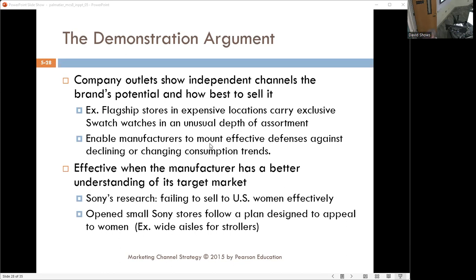And this is where two manufacturers share each other's channels. Two manufacturers share each other's channels.